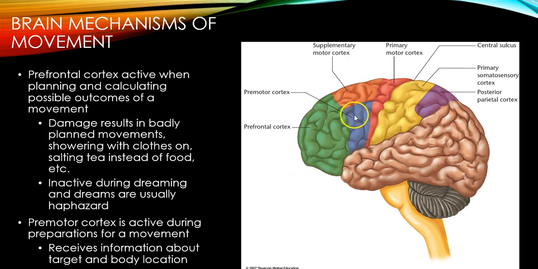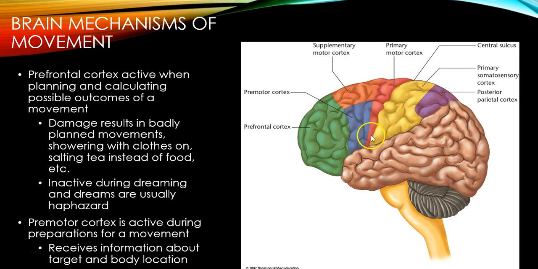Premotor cortex, that's right here, still in the frontal lobe, is active during preparations for a movement. So before you even make the movement, there are neurons that are helping your body prepare to make a movement. And then here we have primary motor cortex. So this is the frontal lobe.